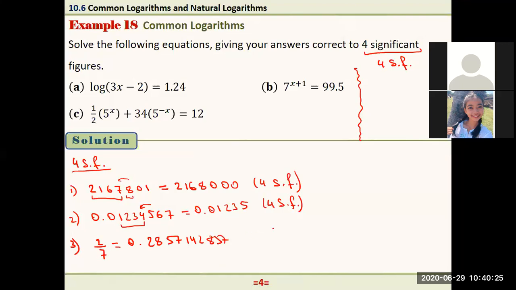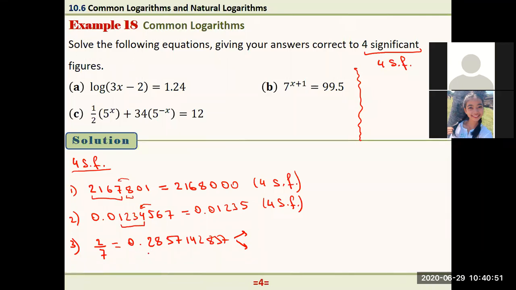Anyway, how can I write all the digits here? I cannot. So if they ask, the first few digits are important for us, write this answer correct to 3 significant figures, for example, or 4 significant figures, doesn't matter. Let's write 4 significant figures first, and here 3 significant figures.